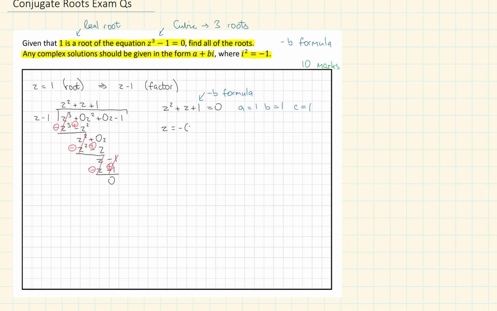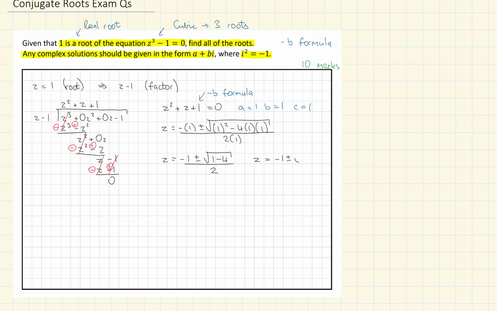Z is equal to minus 1 plus or minus the square root of 1 squared minus 4 times 1 by 1. And then all over 2a, which is 2 times 1. So that's minus 1 plus or minus 1 minus 4 over 2.